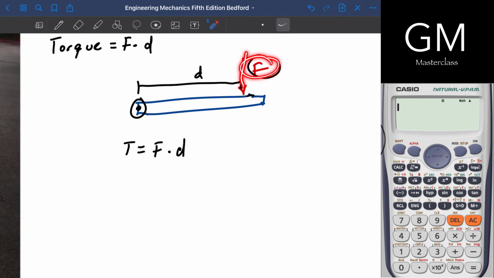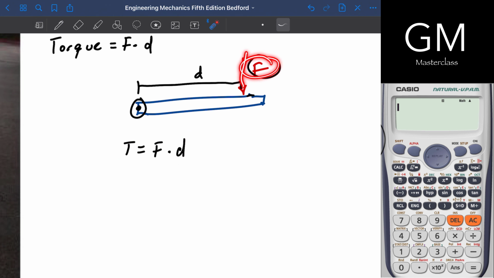So 229 foot-pounds. I already know that these pounds are referring to force pounds, because if this is a torque, then it's equal to a distance multiplied by a force.